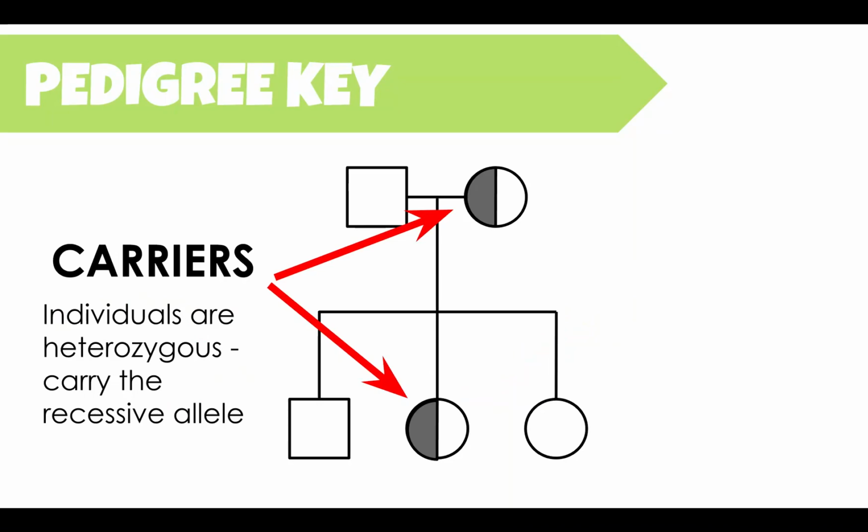Now, it doesn't have to be a sex-linked trait. It could be a regular trait as well. So then you might see half shading in the squares for males. So carriers would be those heterozygous genotypes. But there are pedigrees that do not use the half shading. So be aware that sometimes half shading is used for heterozygous genotypes and sometimes it's not.